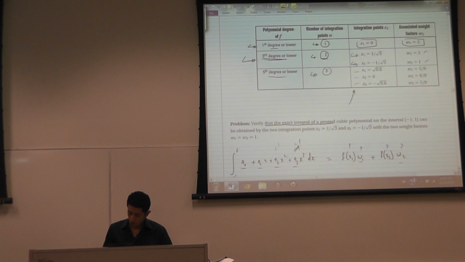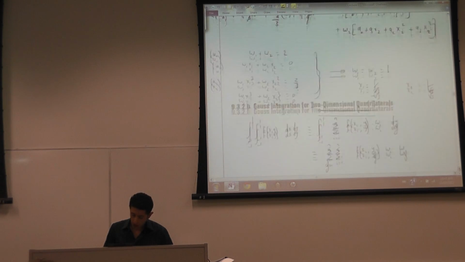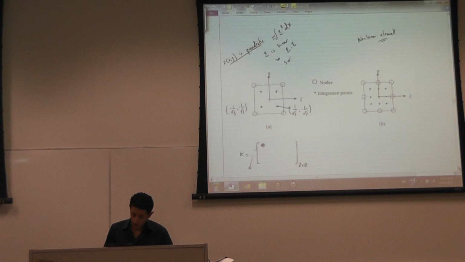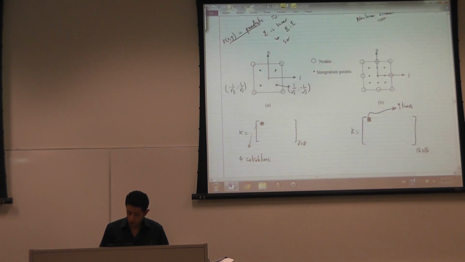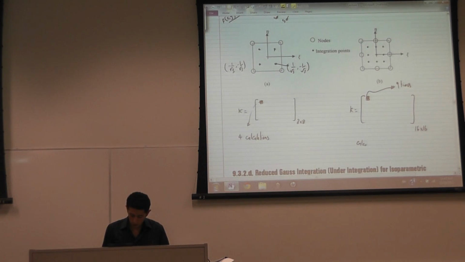And so you get 3 points by 3 points, so 9 points in total. So K, the degrees of freedom are 16 by 16. Each entry is calculated 9 times. So here, calculations: 16 by 16 by 9 times.